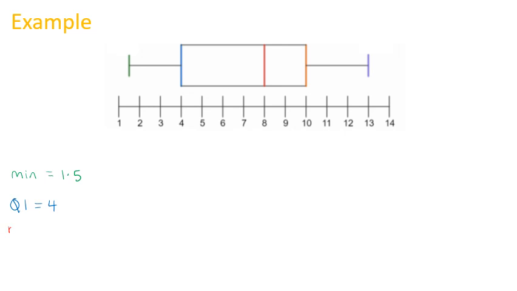The median is the red line, which is at 8. The Q3 is our orange line, which is at 10. And our max value is the purple line at the end, which is 13.